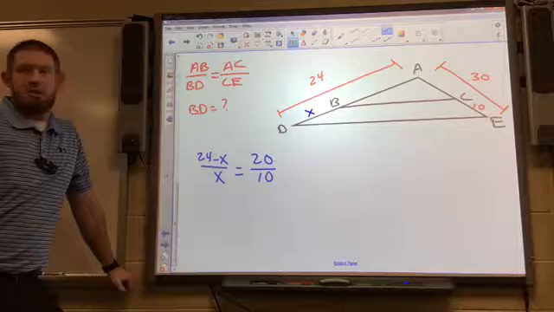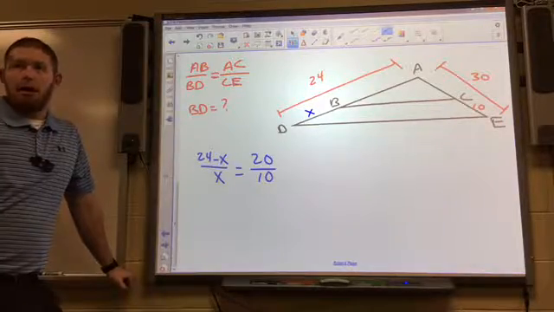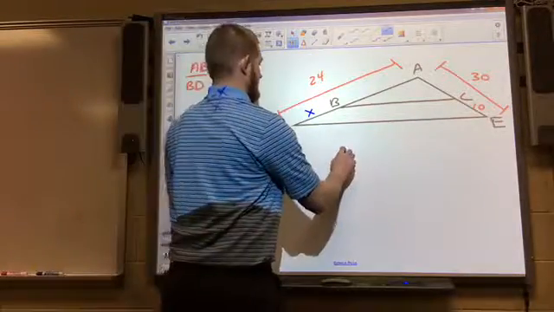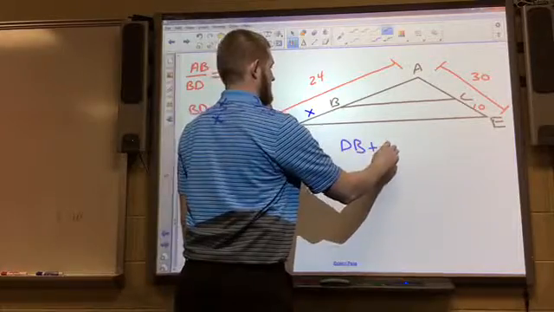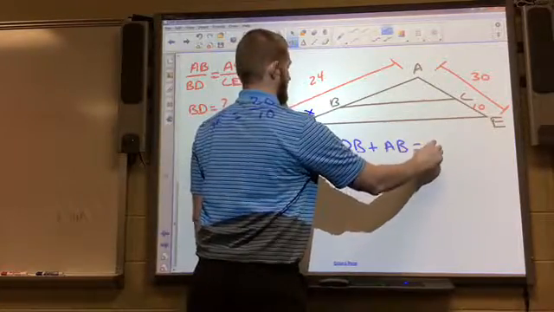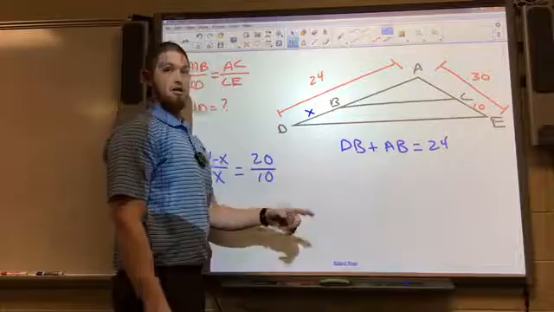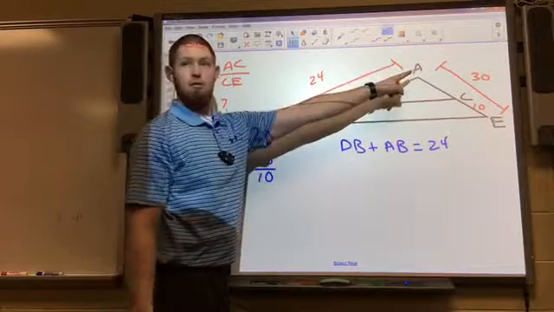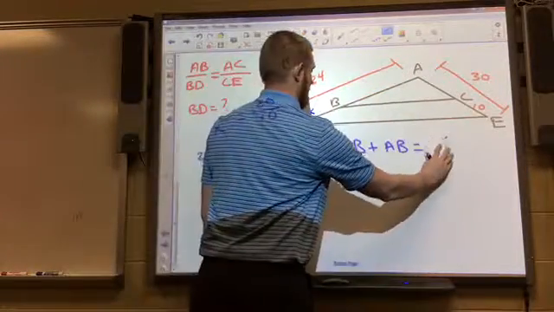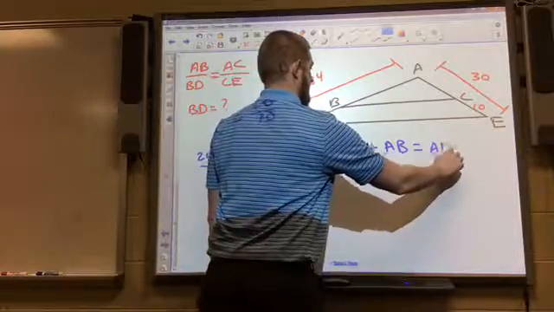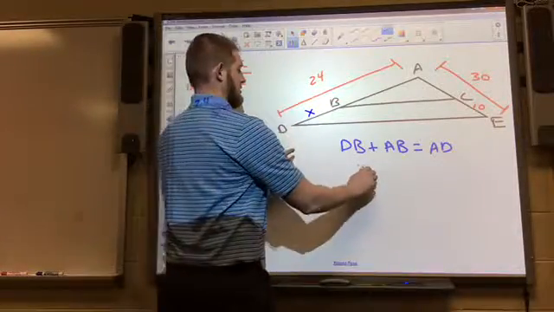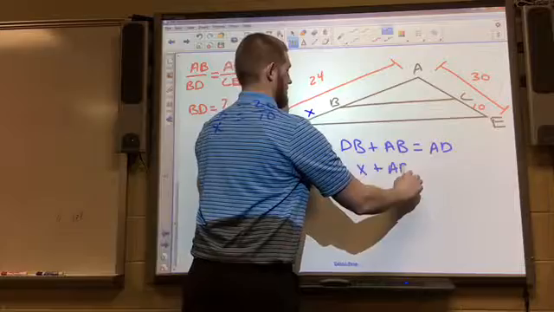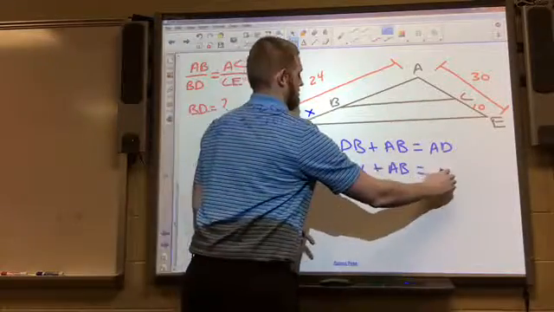All I did is I used segment addition. I knew that DB plus AB equals 24. Segment addition, right? That plus that equals that. Or I guess I can put in AD. Okay, well I know what DB is. It's X. I know what AD is. It's 24.